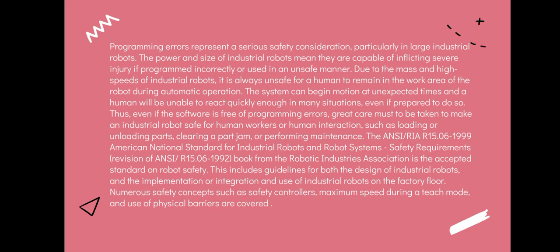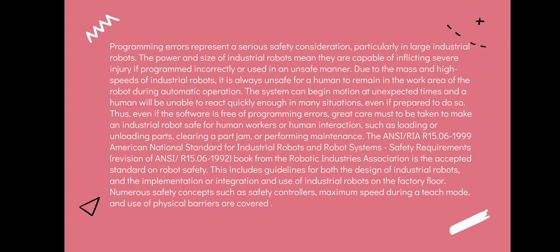Thus, even if the software is free of programming errors, great care must be taken to make an industrial robot safe for human workers or human interaction, such as loading or unloading parts, clearing a part jam, or performing maintenance. The ANSI/RIA R15.06-1999, American National Standard for Industrial Robots and Robot Systems, Safety Requirements, from the Robotic Industries Association, is the accepted standard on robot safety.